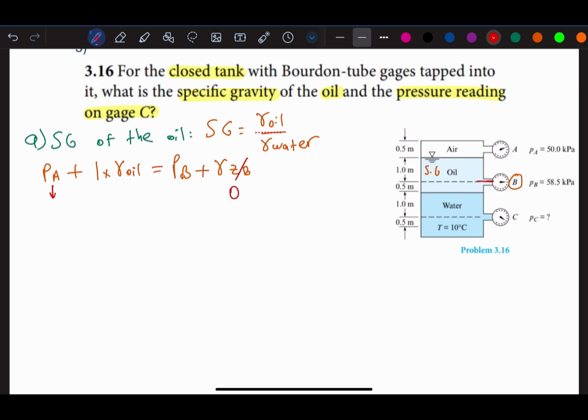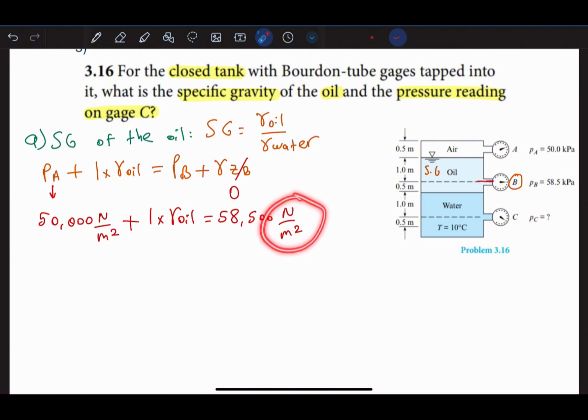And for PA, we have 50,000 Pascal, Newton over square meter, plus 1, and we have specific weight of oil, which will equal to 58,500 Newton over square meter. So here you can either select kilopascal or Pascal. The result will be same.